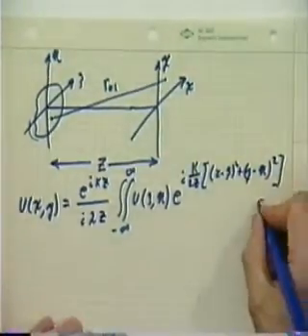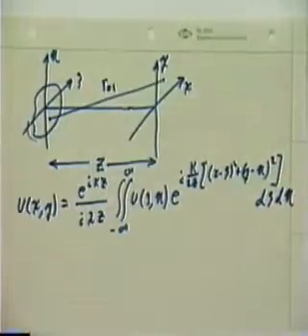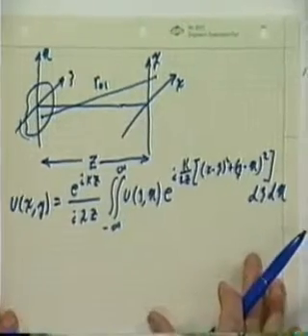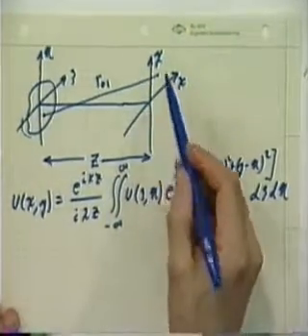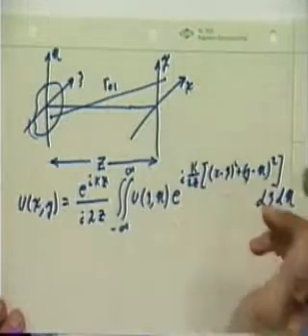And then we're integrating over the aperture, d squiggle d eta. And so this gives the amplitude for the Fresnel diffraction in the plane xy.